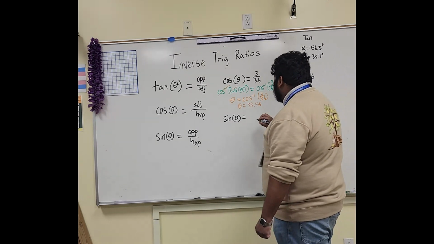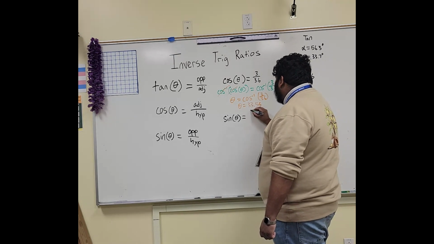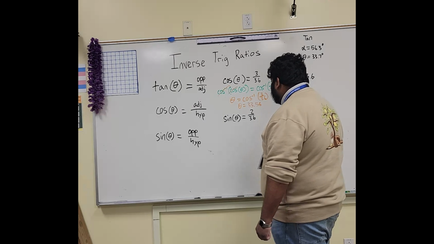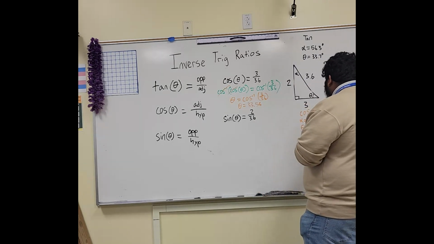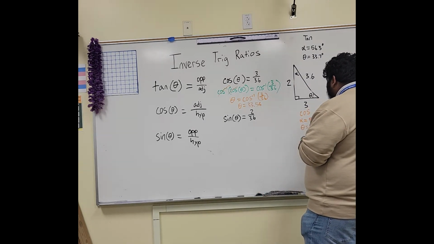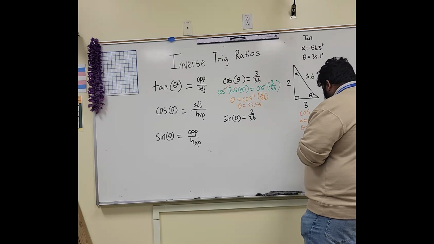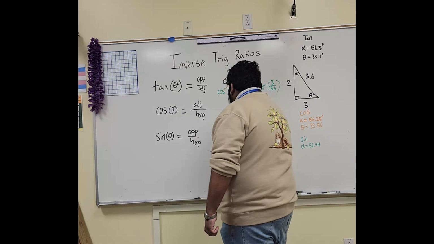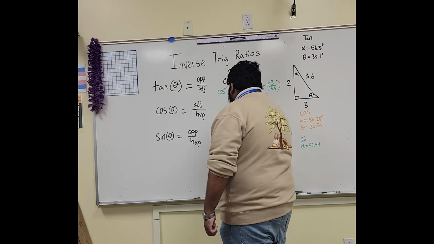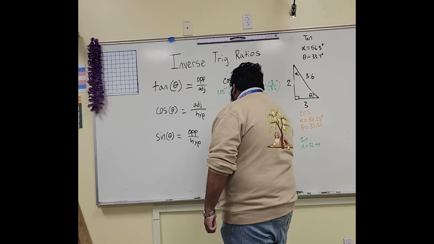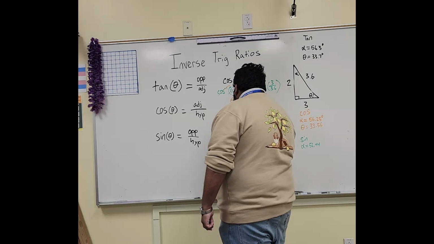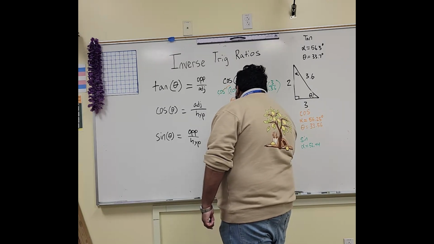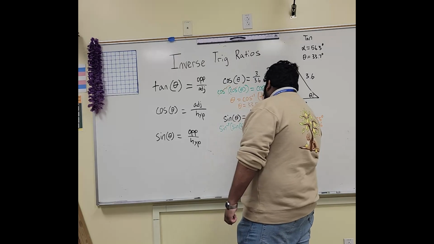So sine of theta is going to be equal to 2 over 3.6. And then we're going to take the inverse of sine and apply it to sine, and do the other side.